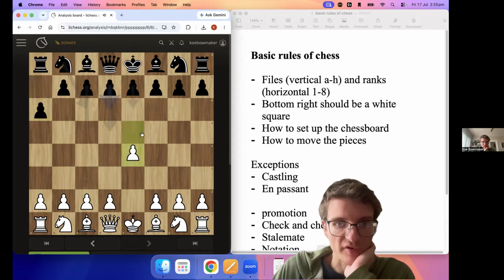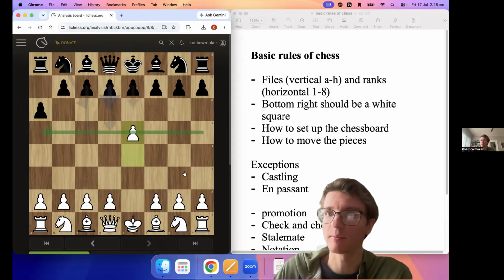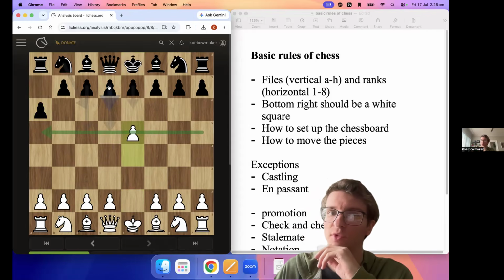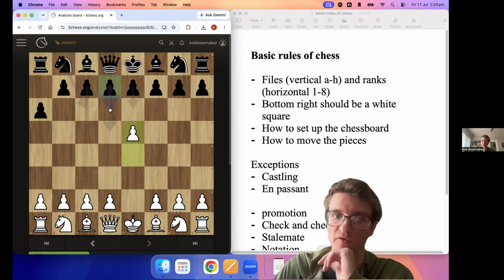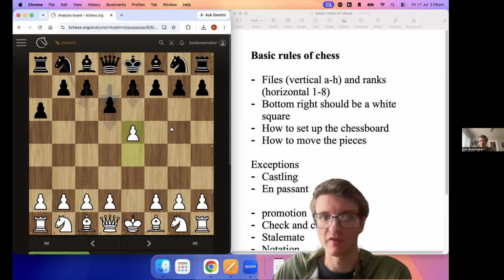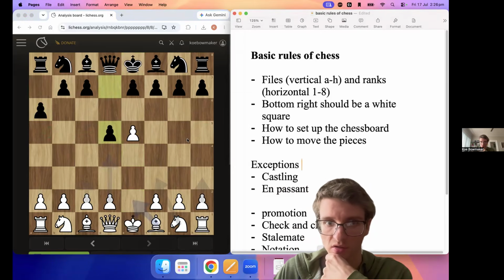If I move forward to the fifth rank, if I'm white, I will only be able to do this when my pawn is on the fifth rank. And if we remember how pawns move, this pawn can either move to the d6 square or it can move to the d5 square. So if it moves to the d6 square, well, that's diagonal. I can take it. If it moves to the d5 square, I can also take it. This is a rule called en passant.